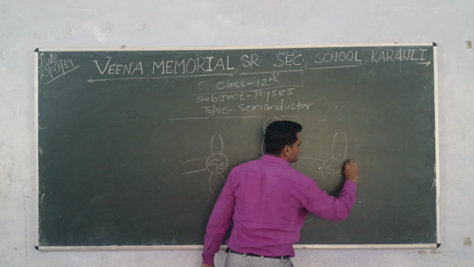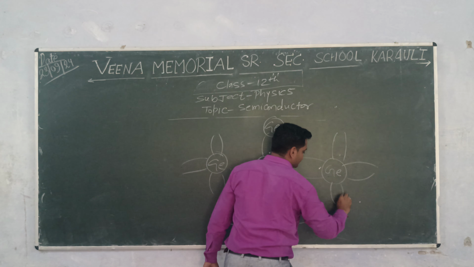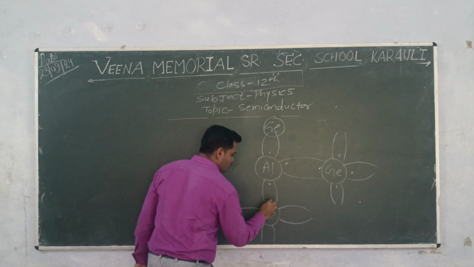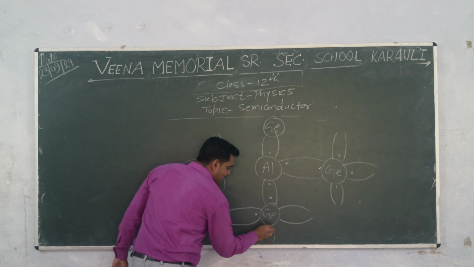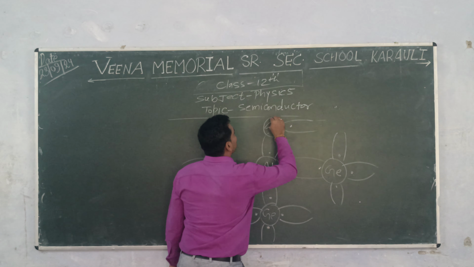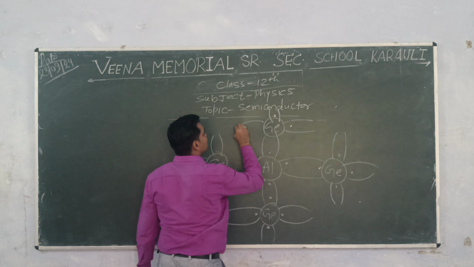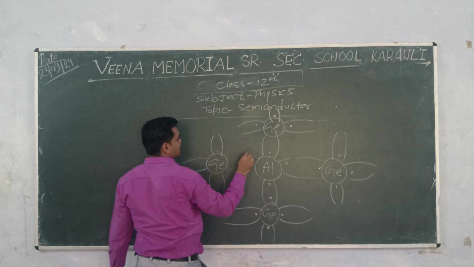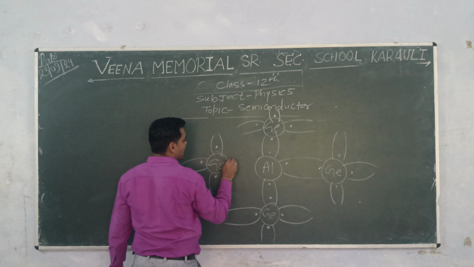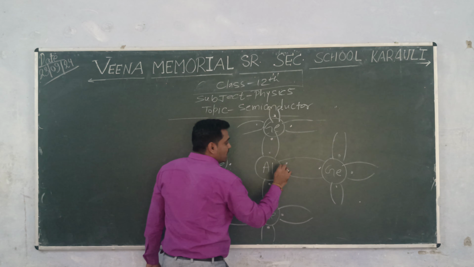These are the electrons of germanium. Germanium is tetravalent, so it has 4 electrons in its outermost shell, while aluminium is trivalent, so it has 3 electrons in its outermost shell. This is the germanium and its 4 electrons.